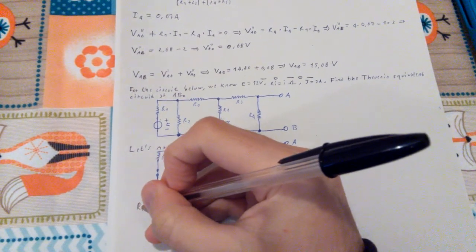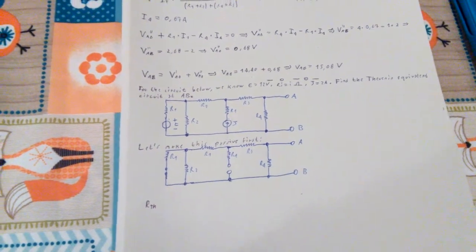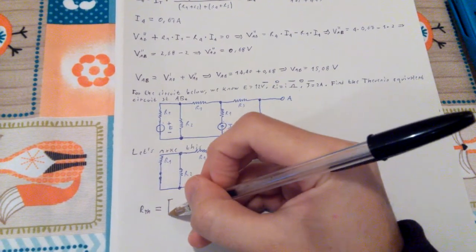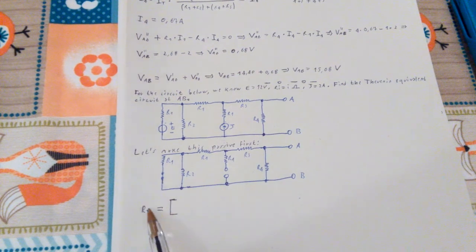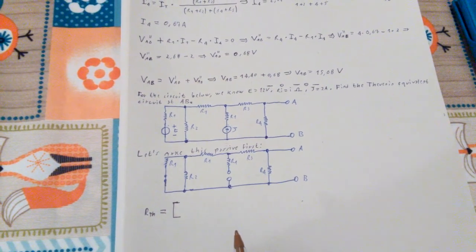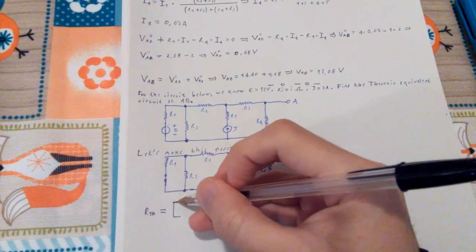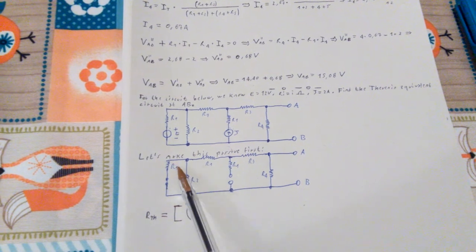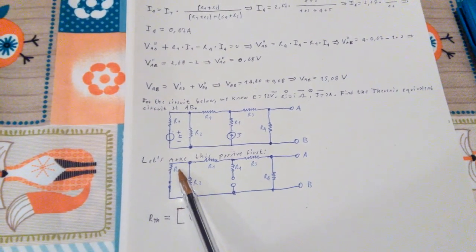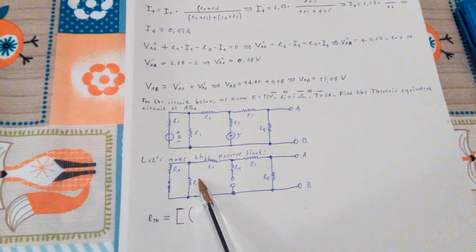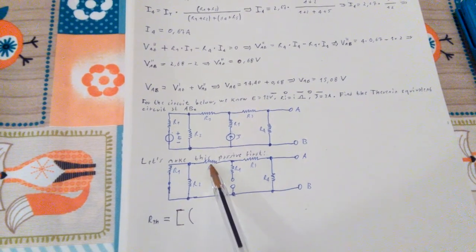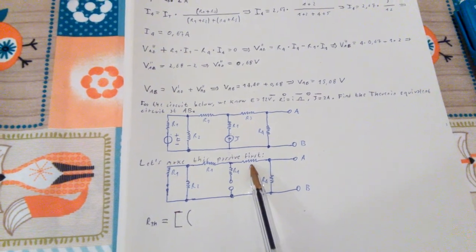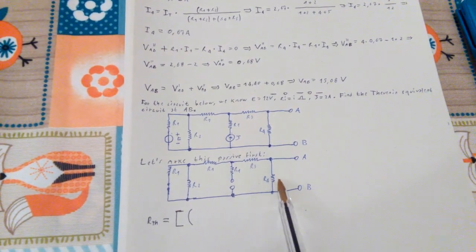RTH, R Thevenin, is going to be given by R1 in parallel with R2, plus R1, plus R3, everything in parallel with R4.